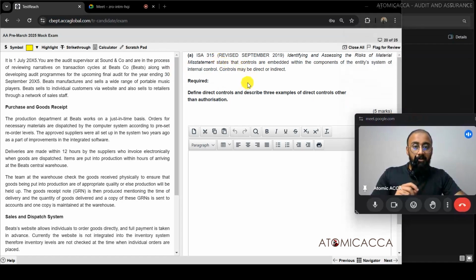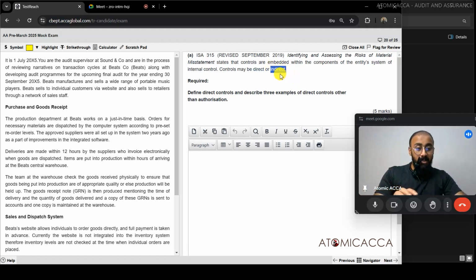ISA 315 revised September 2019, identifying and assessing the risk of material misstatement, states that controls are embedded within the components of an entity's system of internal control. Controls may be direct or indirect. Direct means those that are directly related to making sure that financial statement figures will turn out to be correct, which means these are controls that make sure things at the assertion level are fine, meaning at the financial statement level.